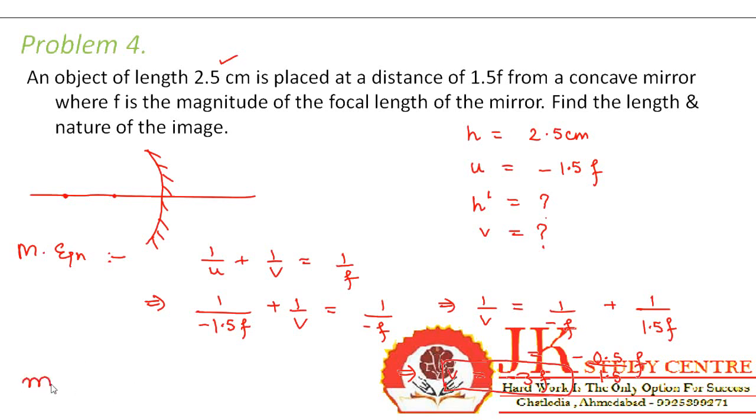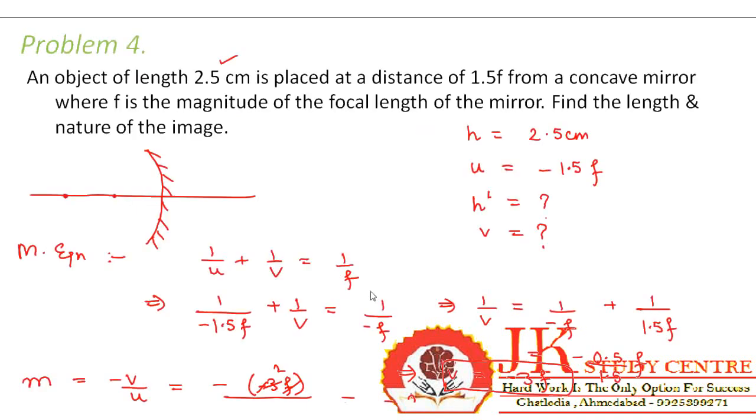Now using this image distance, we can calculate magnification, which is defined as minus v by u. So magnification will be equal to minus 3f divided by u, which is minus 1.5 f. So this minus will get cancelled. We get 2, and f will also get cancelled. So magnification is minus 2.